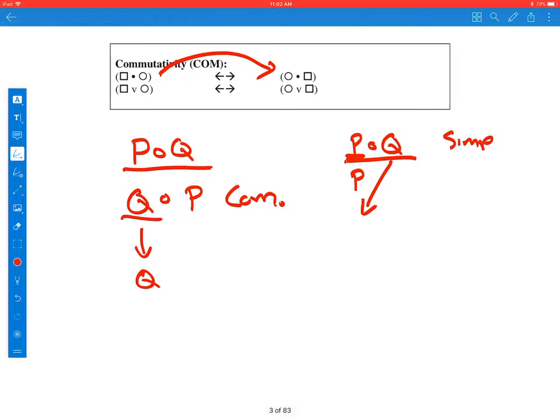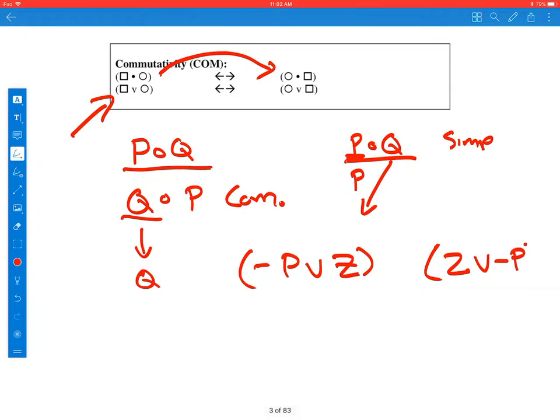So any conjunction, you may rotate the conjuncts, change their places, and the same is true for a disjunction. So if we had not P or Z, we could replace that with Z or not P. Okay, so commutativity allows us to switch places on conjunctions and switch places of the disjuncts on disjunctions.